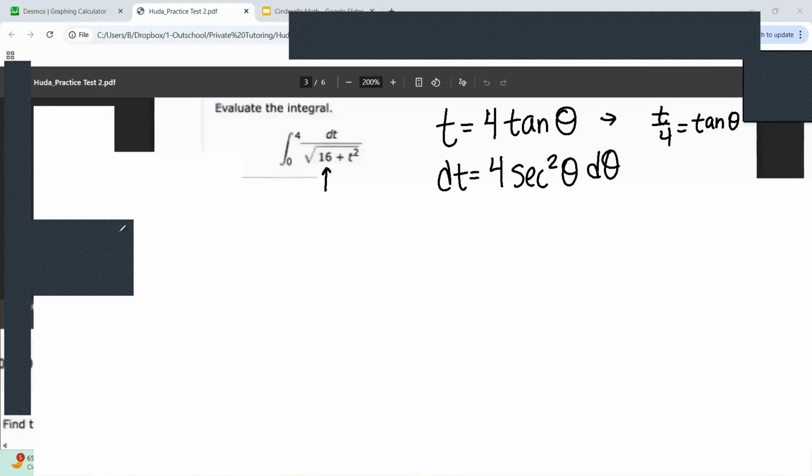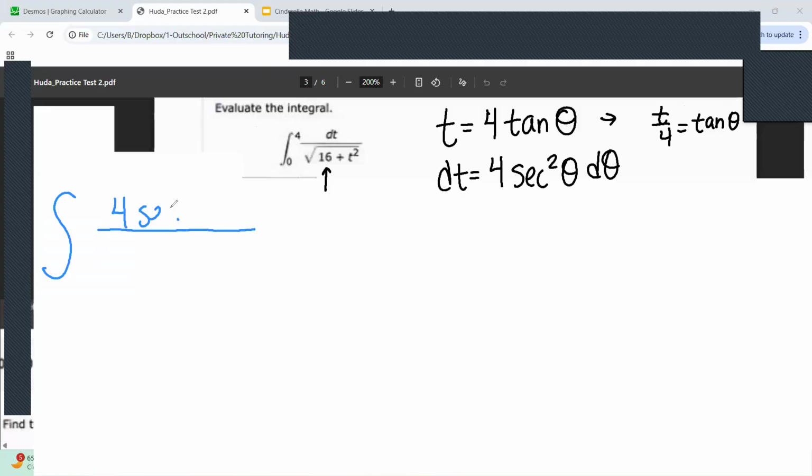Okay, now let's substitute. You will not need to write the 0 and 4 right now because that is in the t world. We're moving to the theta world. So we have integration, no bounds at this moment, dt, which is 4 secant squared d theta, square root 16 plus t squared.